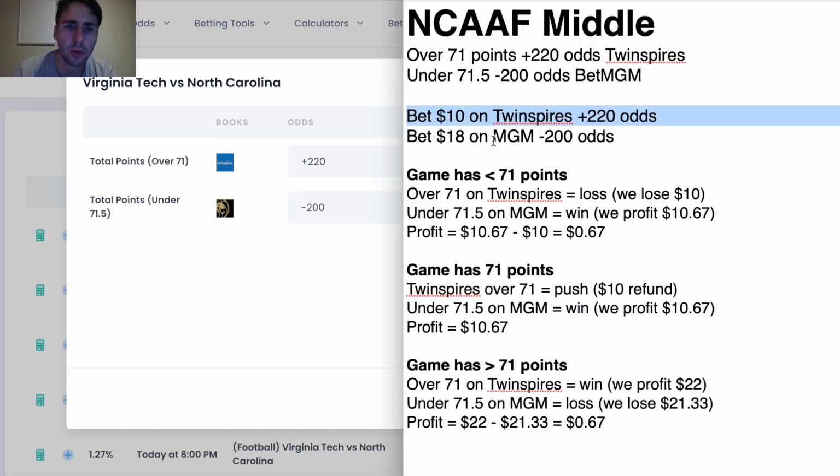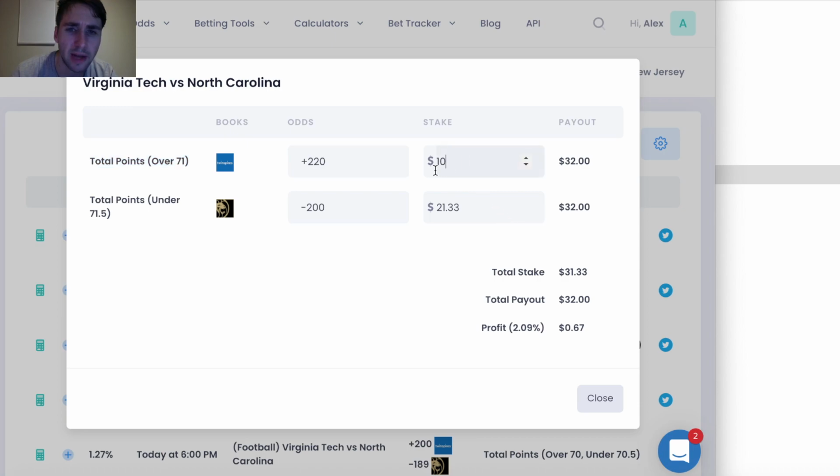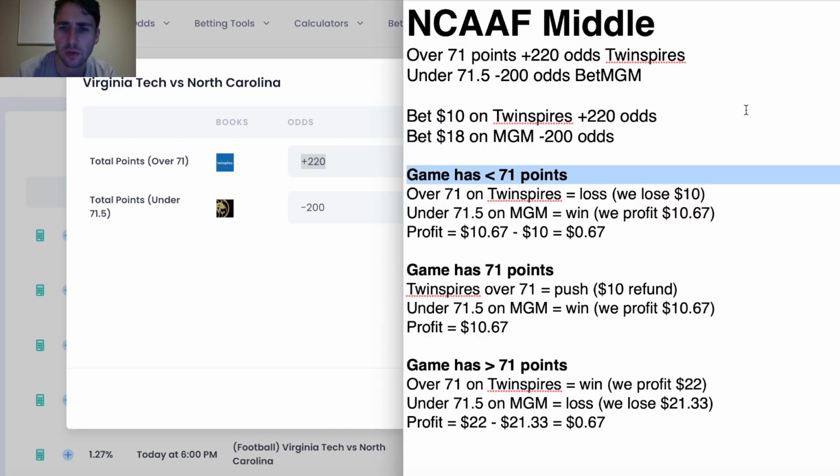So we can pull up this sheet and use the calculator and go through the math. So we're betting this middle. Here are the odds we got, and here's what we're betting. If the game has less than 71 points, then this over on Twinspires is going to lose. So we are going to lose our $10 stake on Twinspires at plus 220 odds.